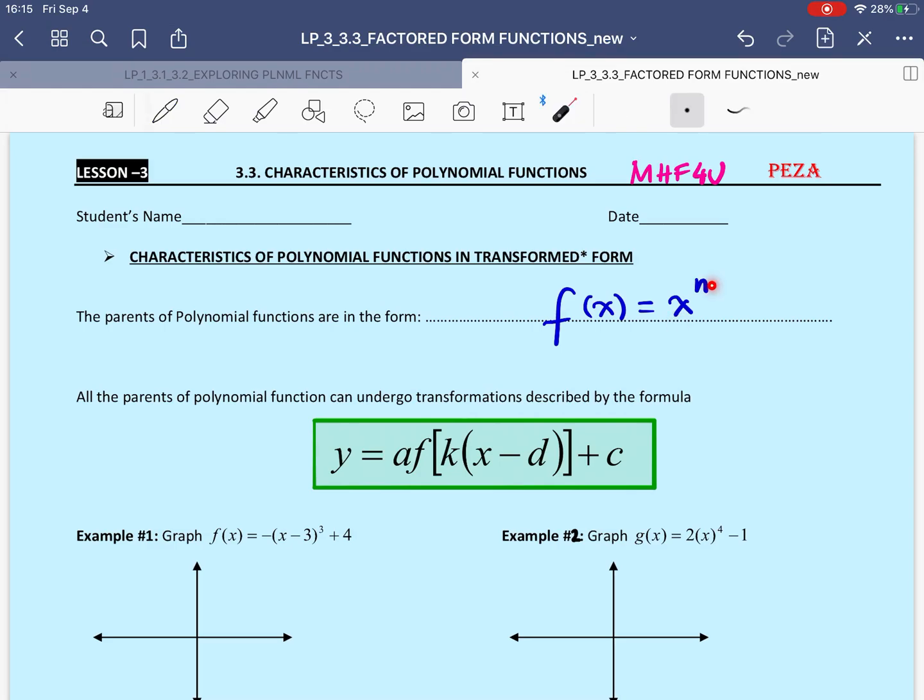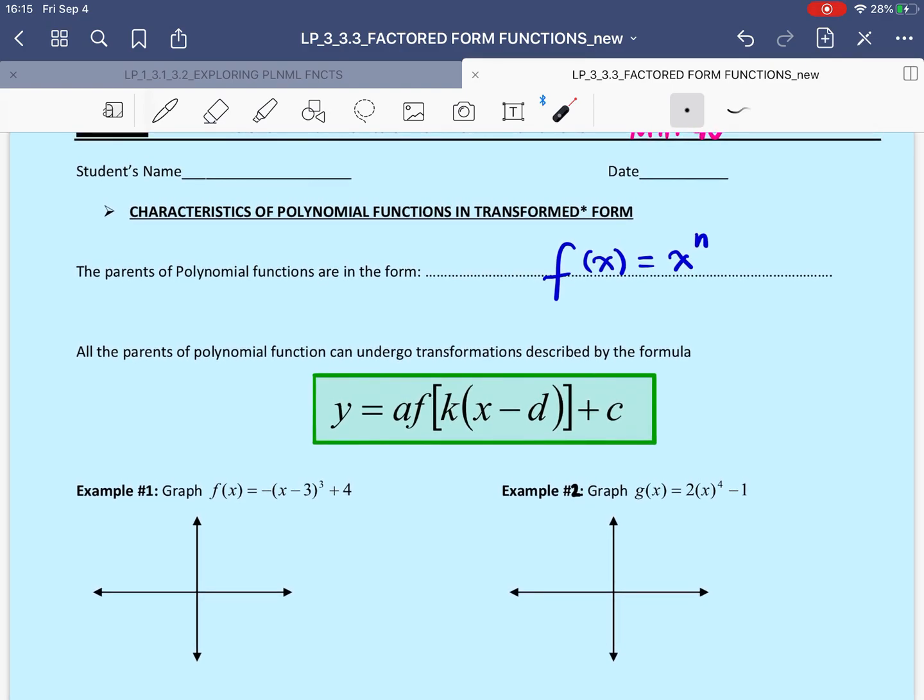And we can transform any function given in the form x to the power of n by giving them a coefficient a, k, d, or c. When that's the case, then we treat these functions just like parent functions. Example, x to the power of 1 would be the linear, x to the power of 2 the quadratic, power of 3 the cubic, power of 4 a parabola that is narrower than the basic parabola, y equals x squared, and so on and so forth.